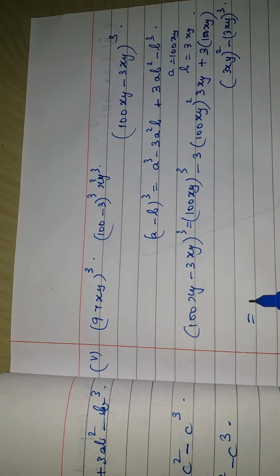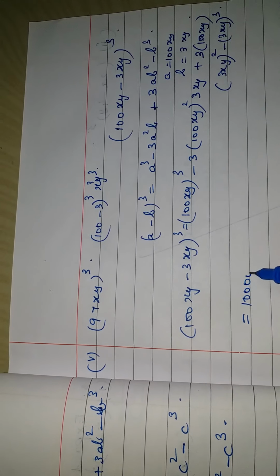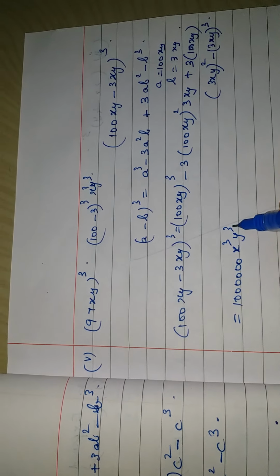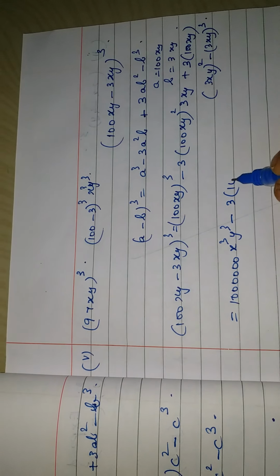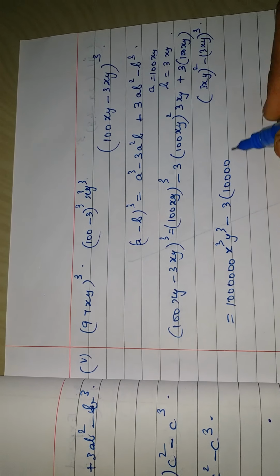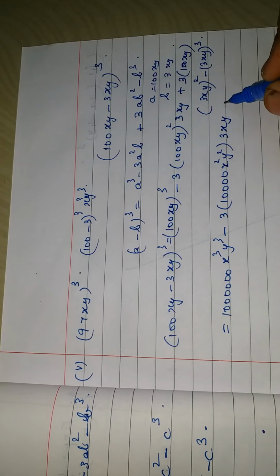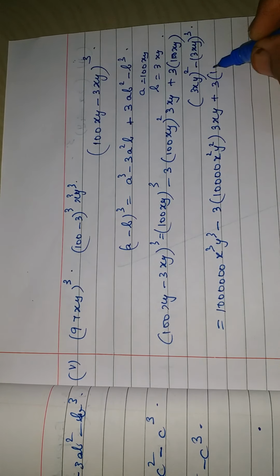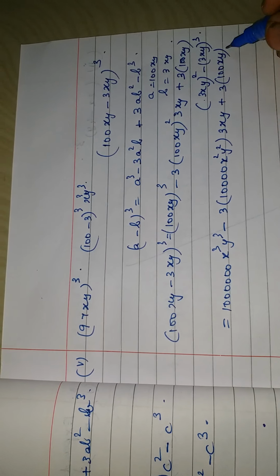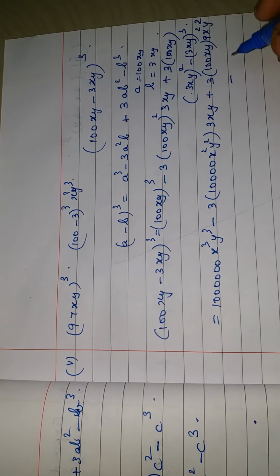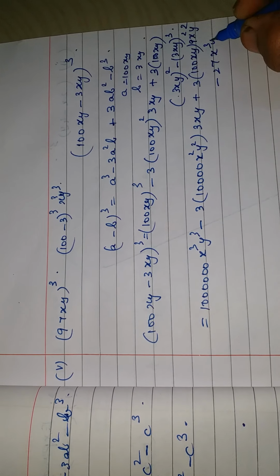So it is equal to 100, means 3 times you're multiplying, so you will have 6 zeros, x cube y cube, minus 3 into followed by 10,000 x square y square into 3xy, plus 3 into 100xy into 3 3s are 9 x square y square, minus 3 3s are 9, 3s are 27, 27 x cube y cube.